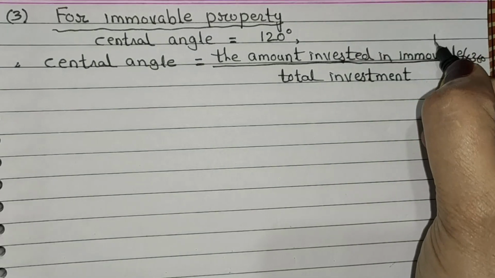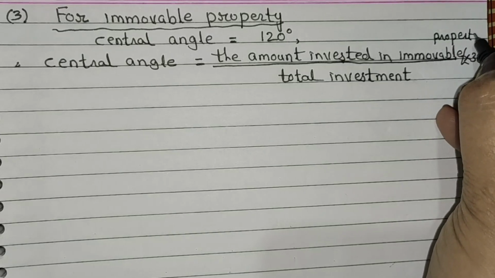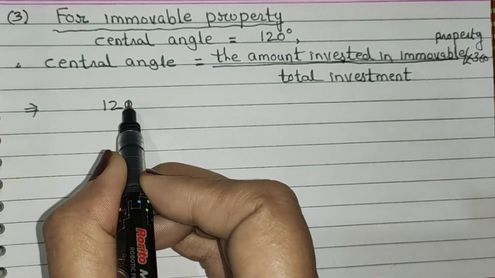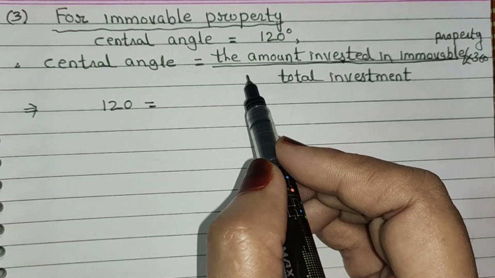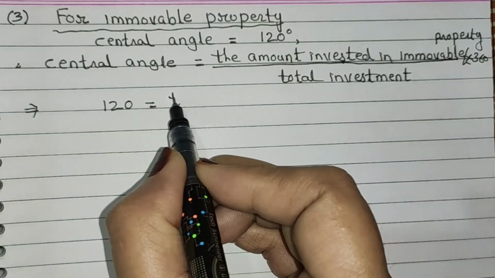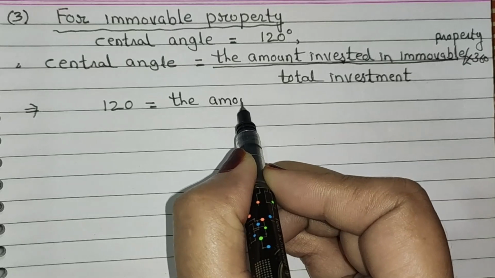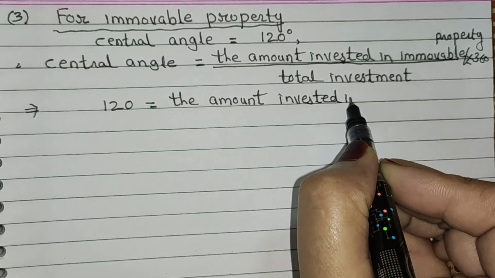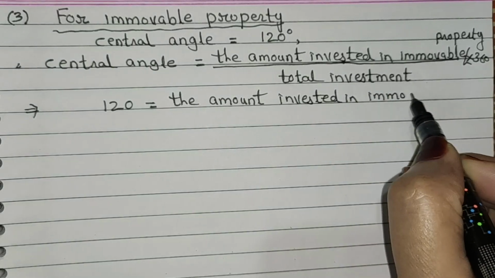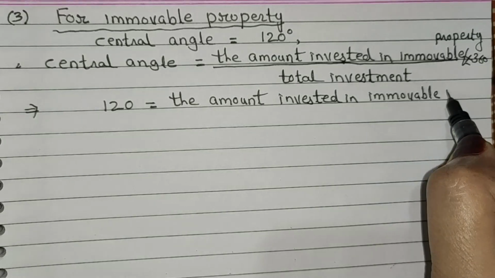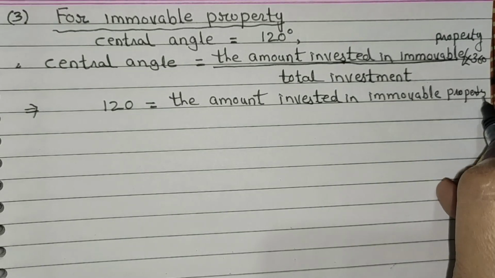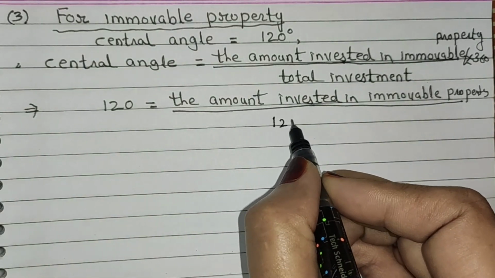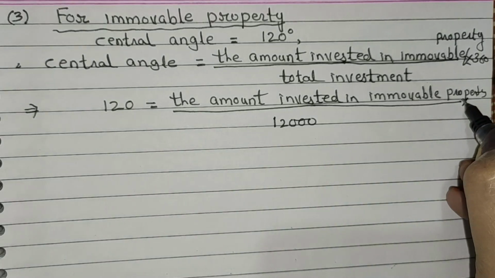Now substituting all the values we get here, the central angle is given here, 120 is equal to, our aim is to find the amount invested in immovable property, upon total investment is 12,000, multiplied by 360.